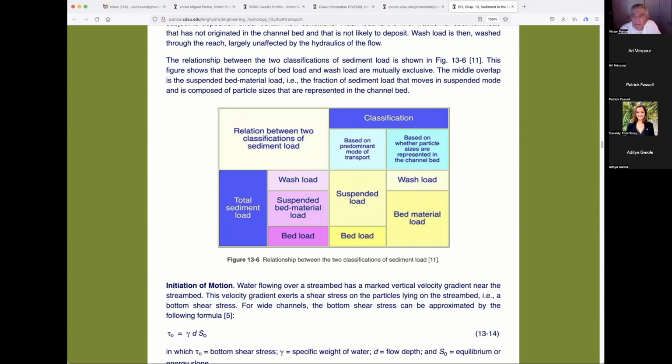Those are the three major ones, but I can tell you there are 50 of them. And I'll endeavor to show you graphs where many of these sediment transport formulas are plotted on only one sheet of paper.